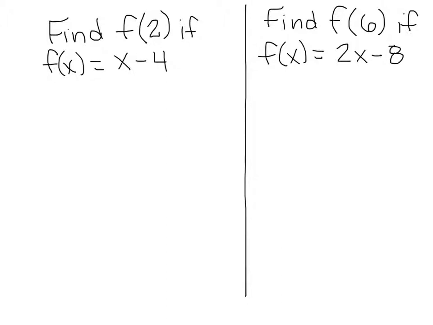Hopefully you paused the video as I instructed you to try these problems on your own. I'm going to substitute 2 in place of x for the first problem. Different signs here, so I subtract, and 2 minus 4 is negative 2.